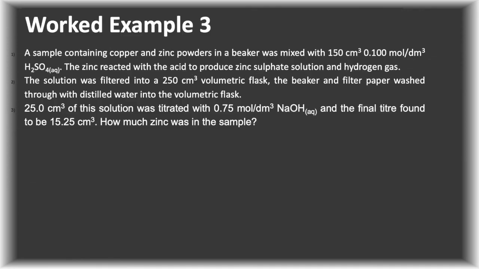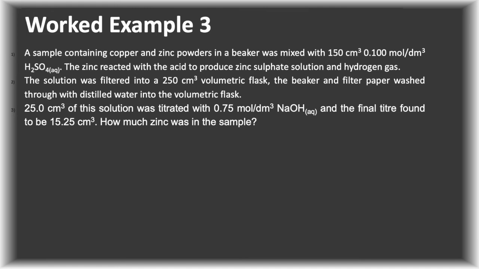Final worked example then. We now have a sample that contains copper and zinc powders in a beaker, and we add 150 centimeters cubed of 0.1 moles per decimeter cubed sulfuric acid. Zinc reacts. We then filter that solution into a volumetric flask.